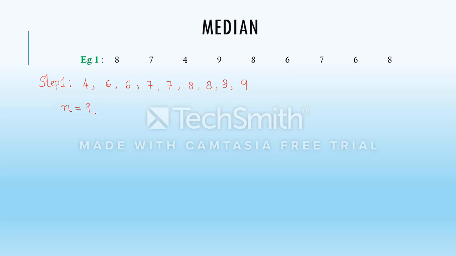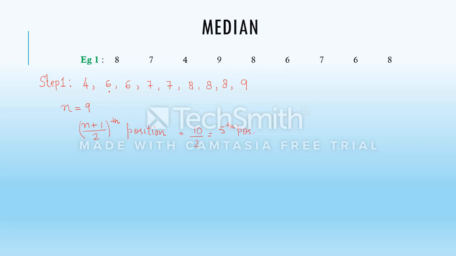Now the general formula to find out median is always to look out for the value at the (n plus 1) over 2 position. So we always look out for the value at this position. With reference to this particular example, we are going to be looking out for the value at 10 upon 2, which is equal to the value at the 5th position.